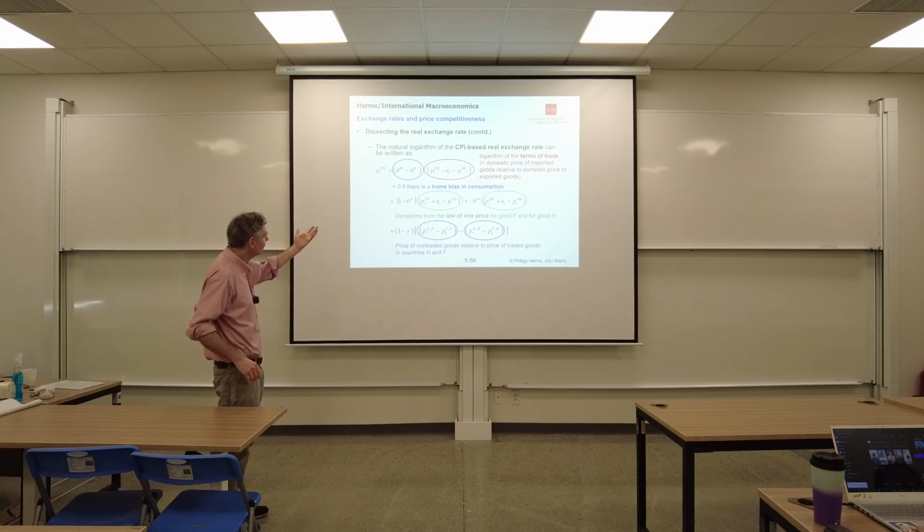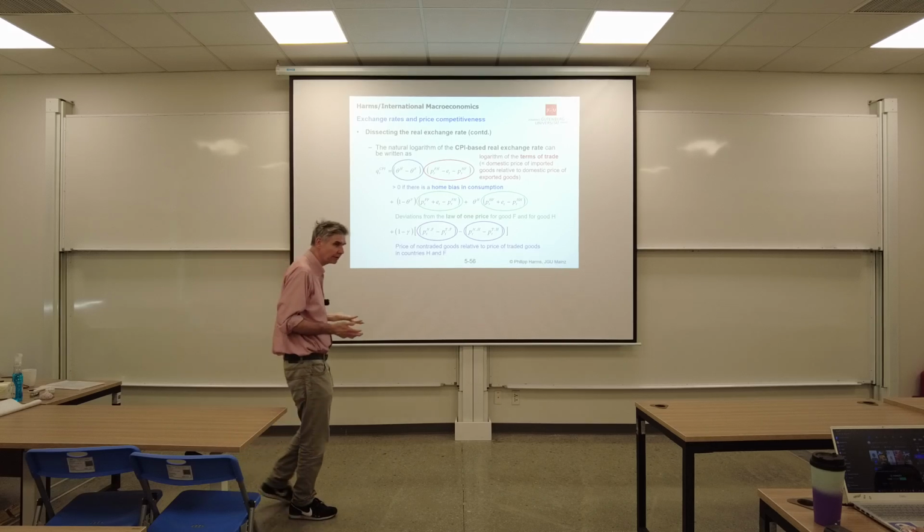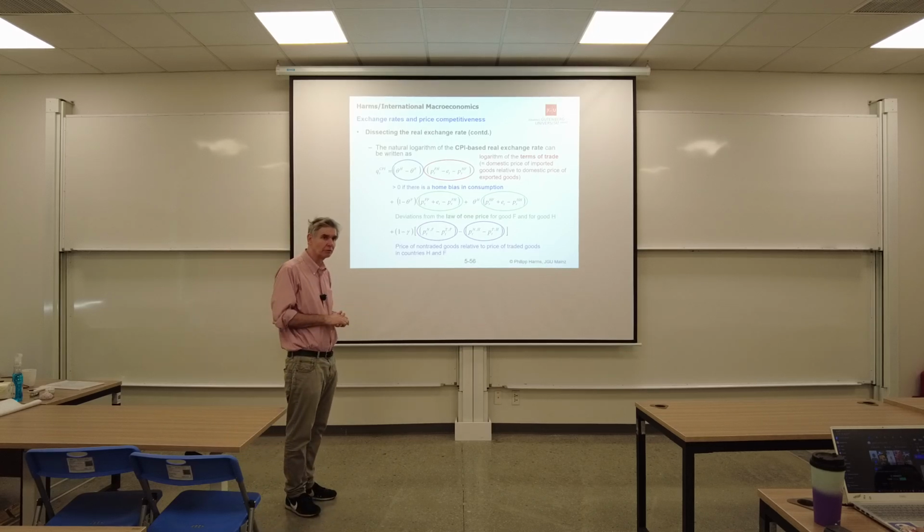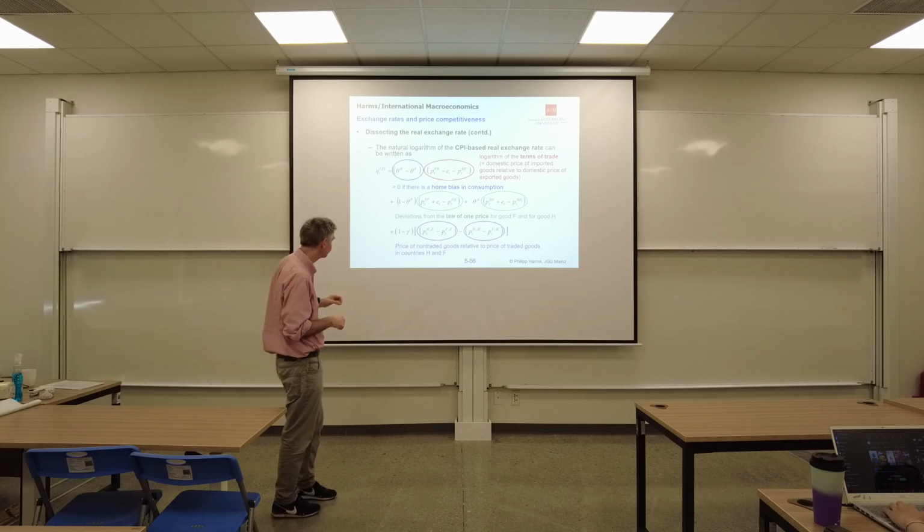Now, if these weights are the same, then this effect disappears. Now, we have good reason to believe that there's something called the home bias in consumption, which means that people tend to devote a larger share of their consumption to stuff that's produced domestically.